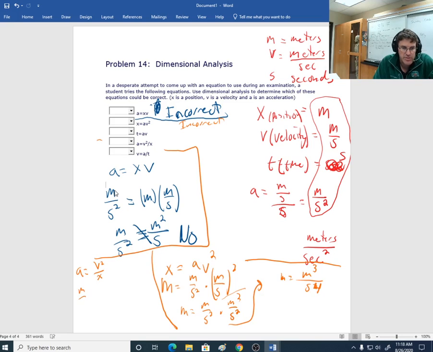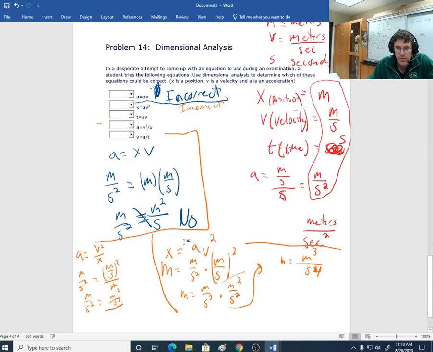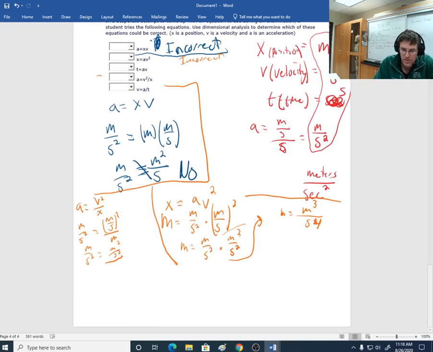So this is meters over seconds squared equals meters squared over seconds squared, all over meters.